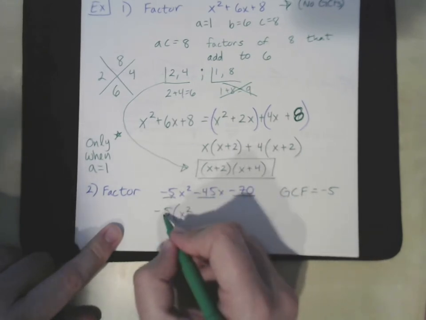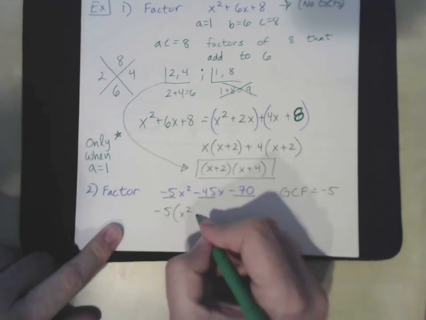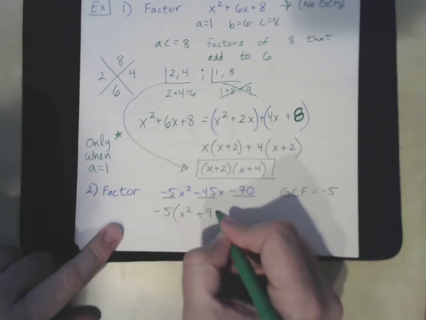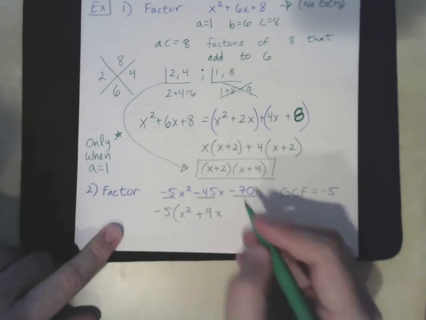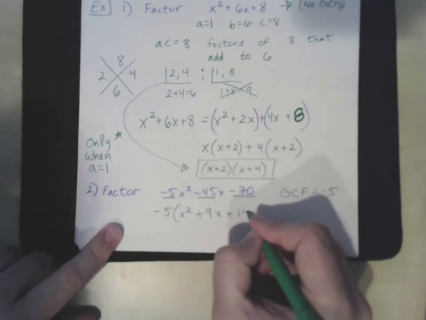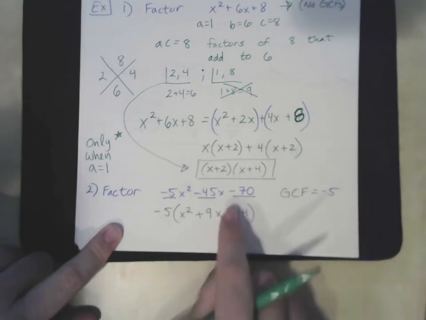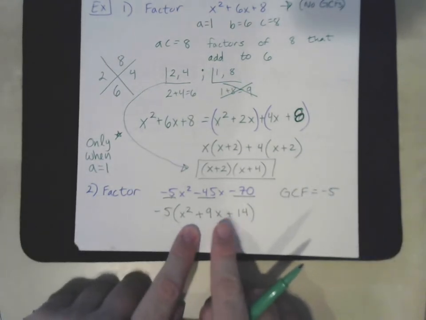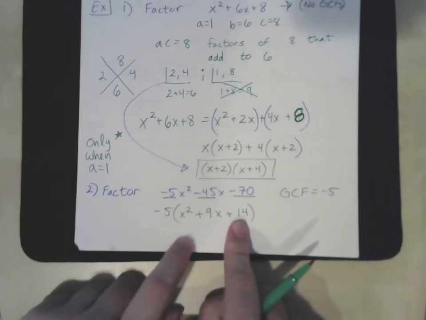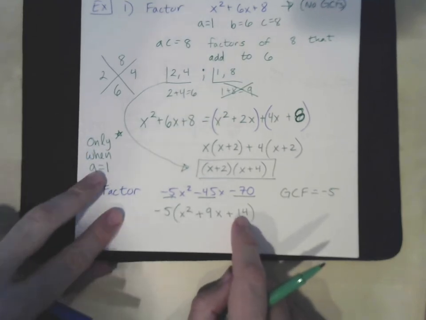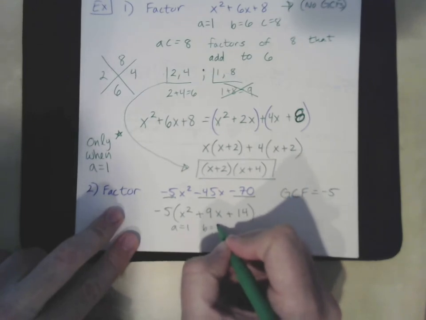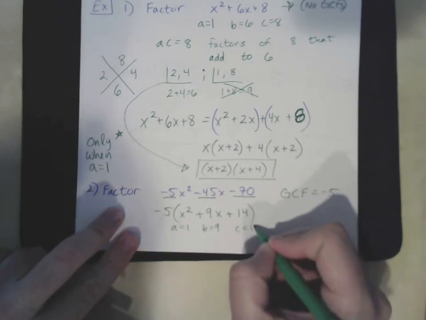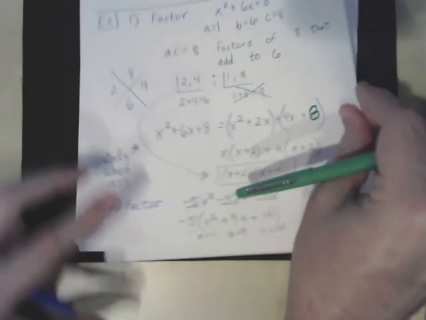Negative 45 divided by negative 5 will be positive 9. The x comes along. And negative 70 divided by negative 5 is positive 14. And so now we are factoring x squared plus 9x plus 14. So our a is 1, our b is 9, and our c is 14. And so now we kind of run through the same steps that we just did.